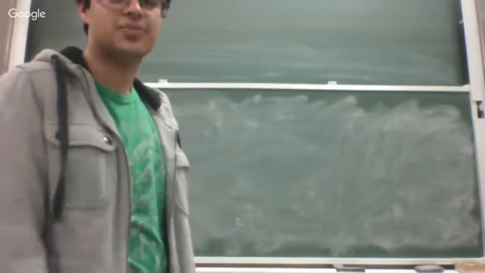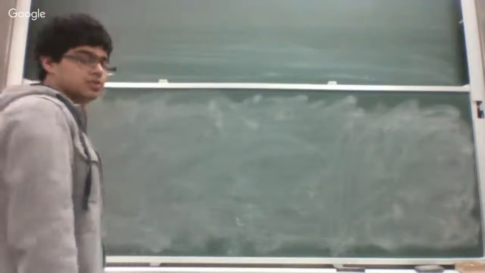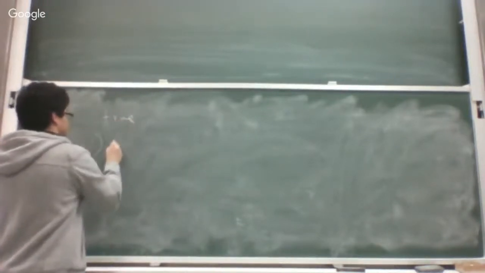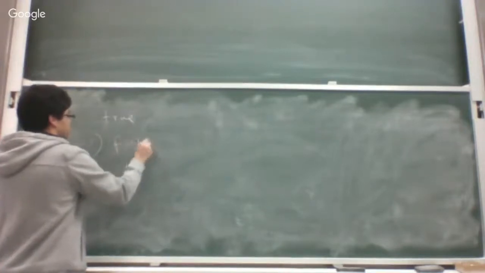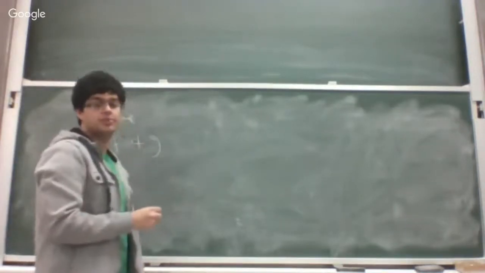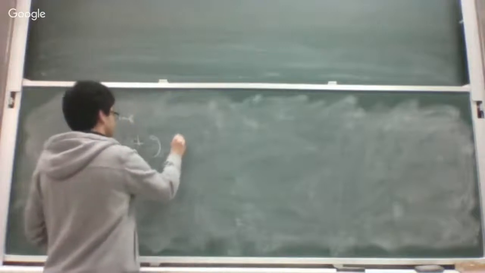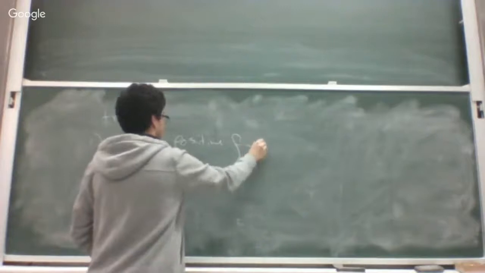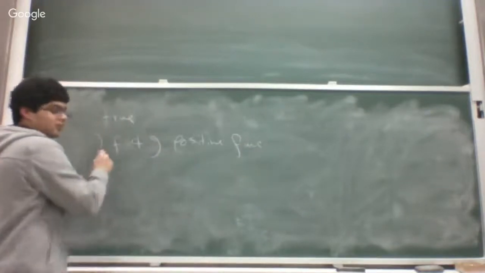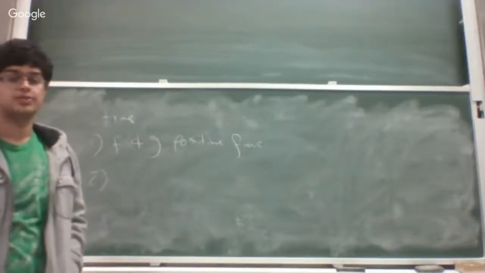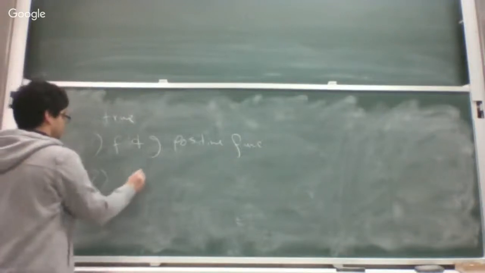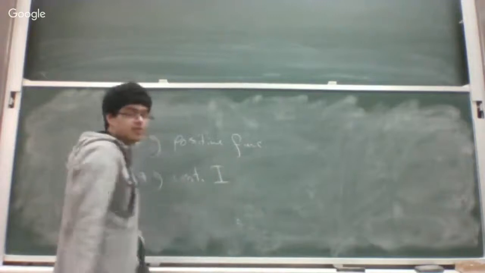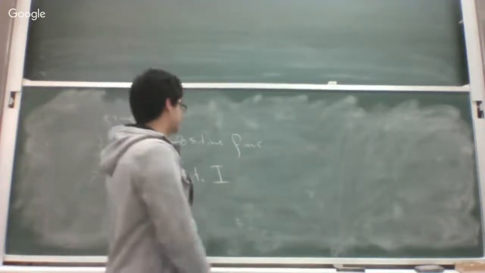For the limit comparison test, these conditions must be true. f of x and g of x have to be positive functions. Second, f and g have to be continuous on the interval from a to infinity.